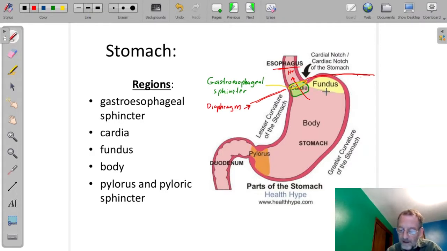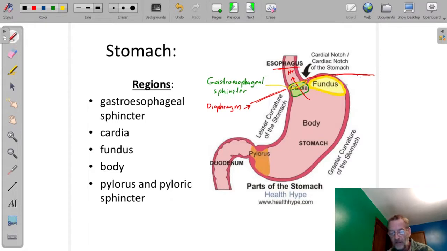The fundus is the upper portion of the stomach, shaded in yellow, and that can be variable. It can be rather large in some stomachs and less significant in other stomachs.